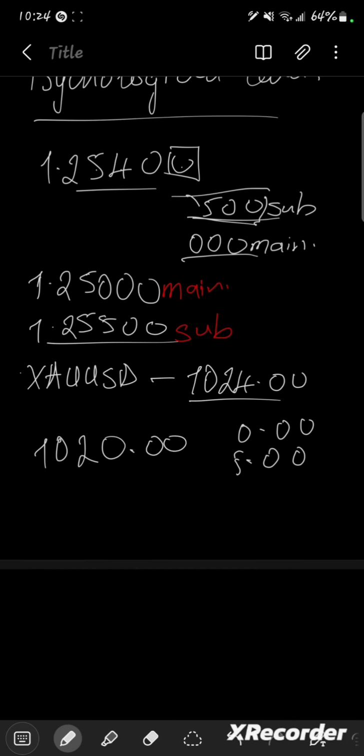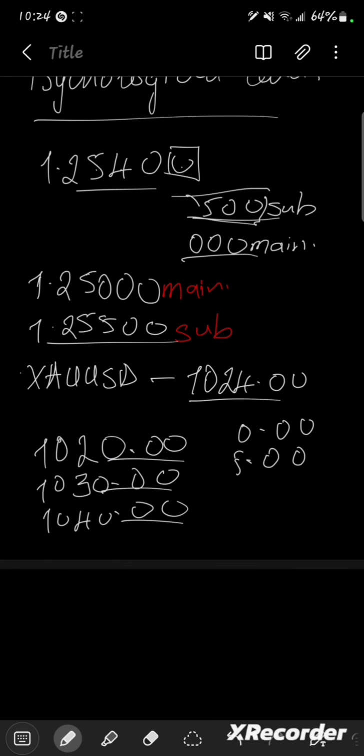With gold, we'll mark up psychological levels as 1020.00, then the next psychological level will be 1030.00, the next will be 1040.00. So these are psychological levels. You see, they end with 0 at the end, just the same way the normal price value ends with 0. So that's it about psychological levels.